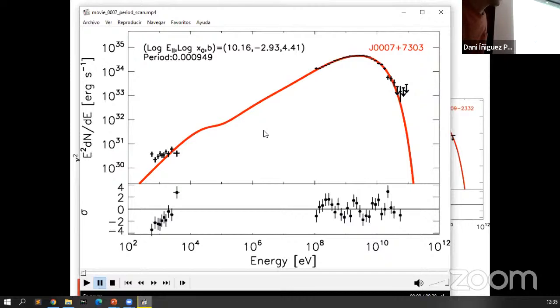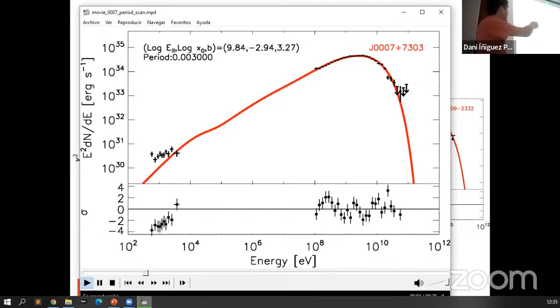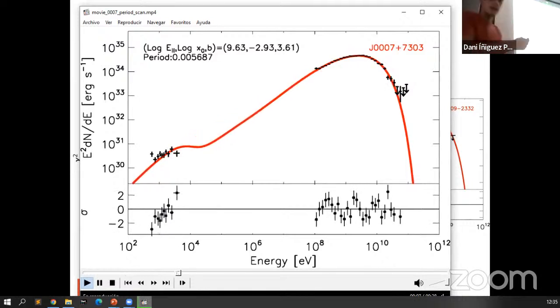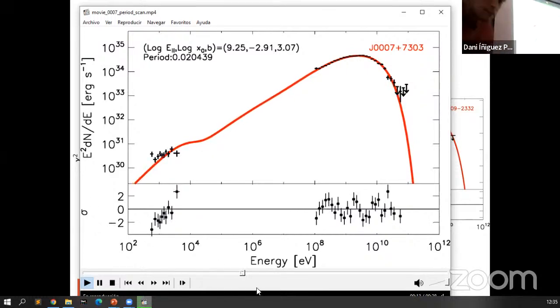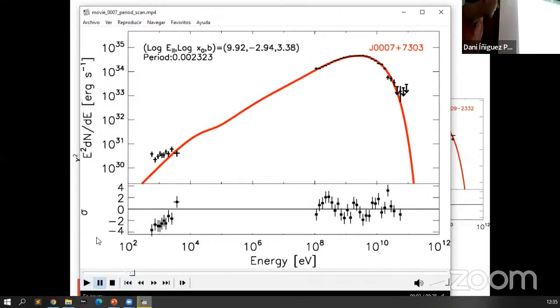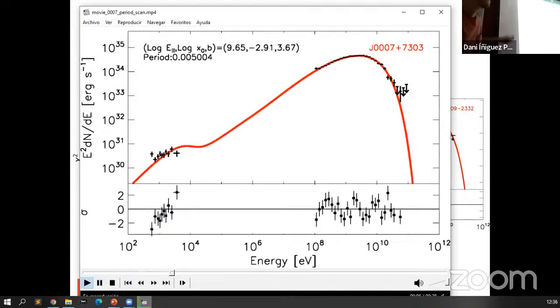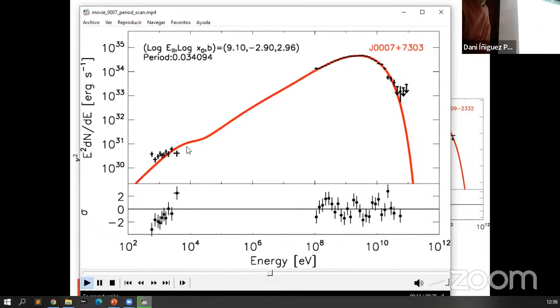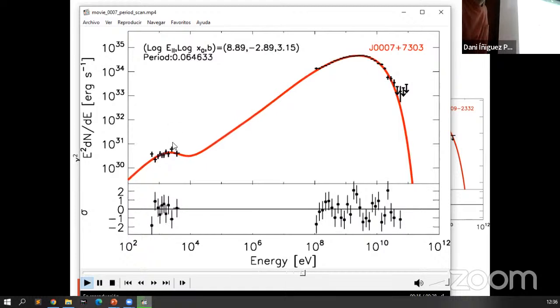And so this is how the spectra is modified when the period is changed. We can see that for small periods, the spectra does not explain the data very well. It stays in the X-ray band, but when increasing the period, approaching the real period of this pulsar, which is 0.350, the spectra better resemble this band.